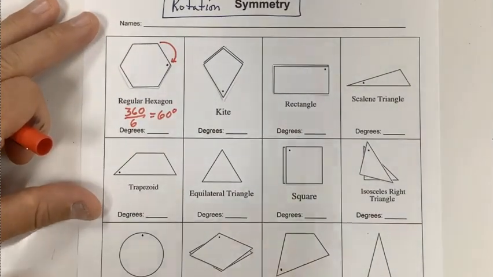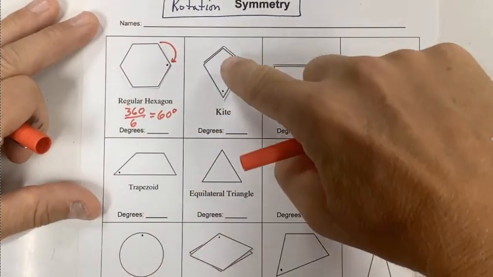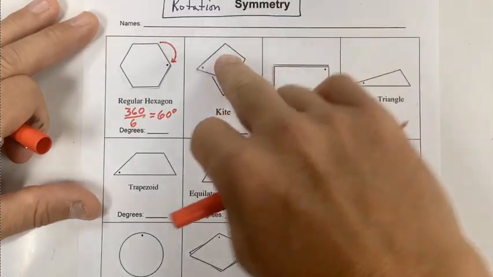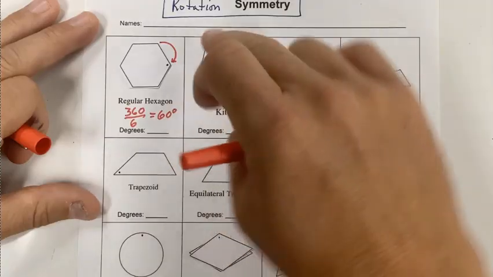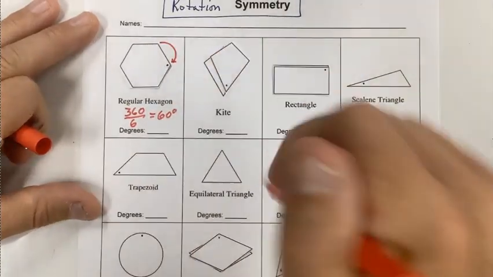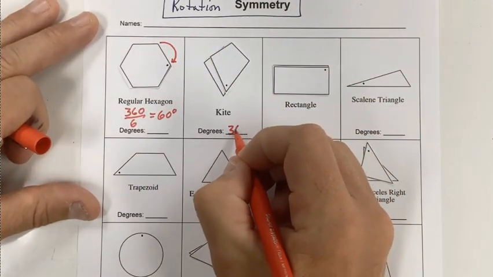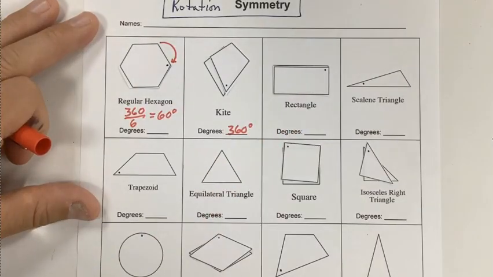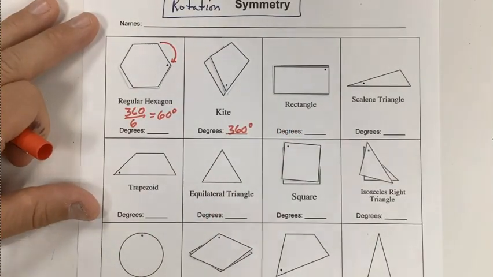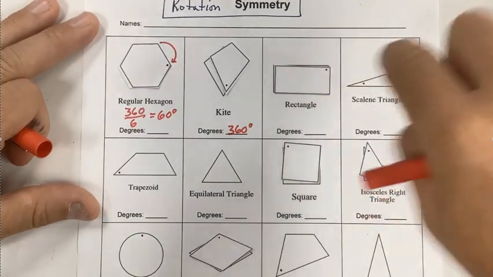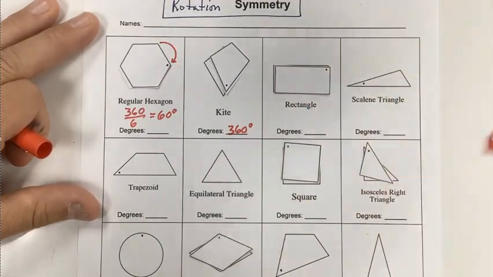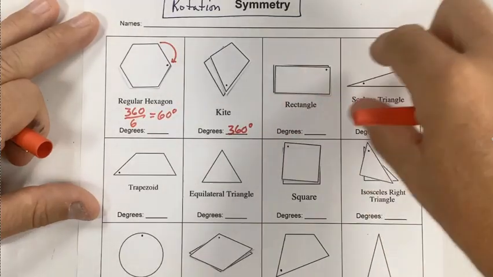in this one. In this kite that you see here, as I rotate this thing, it never snaps into place. So you would say it does not have rotation symmetry. You can say 360, but 360 degrees is nothing special for a shape when it turns all the way around. Now a rectangle, it's got what's called point symmetry, but we're going to just stick to the sake of how many degrees do you turn it before it snaps back in place.